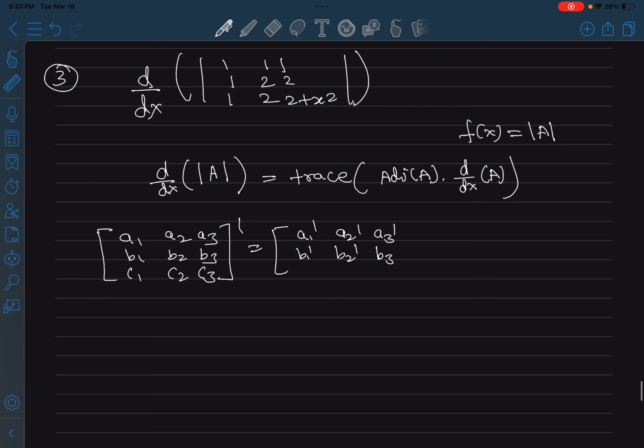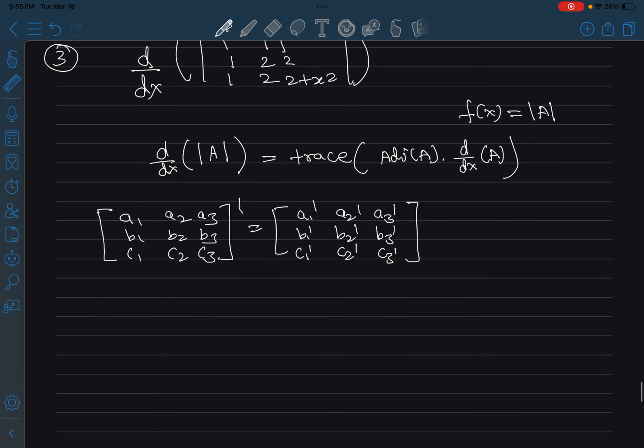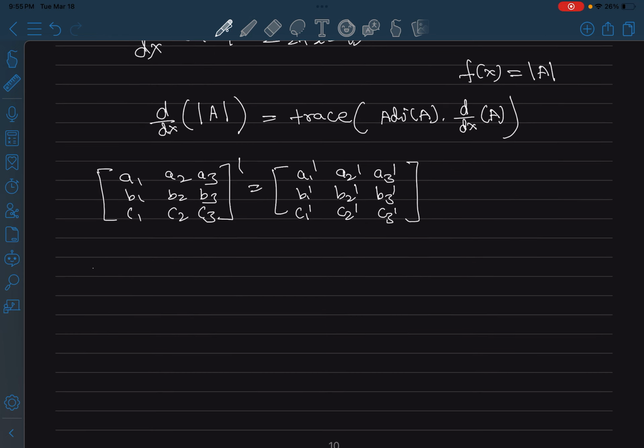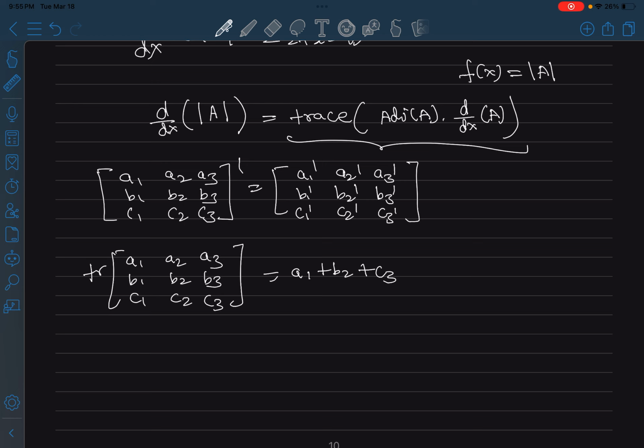And in traces, if you want to find the trace of this matrix, trace is the sum of main diagonal elements, a1 plus b2 plus c3. So that's the trace. So this is the formula, and we are going to use it.